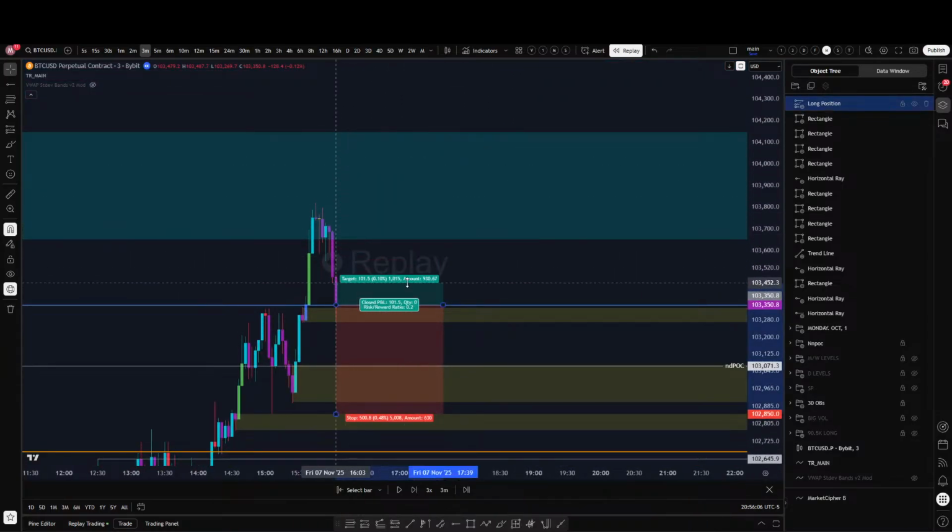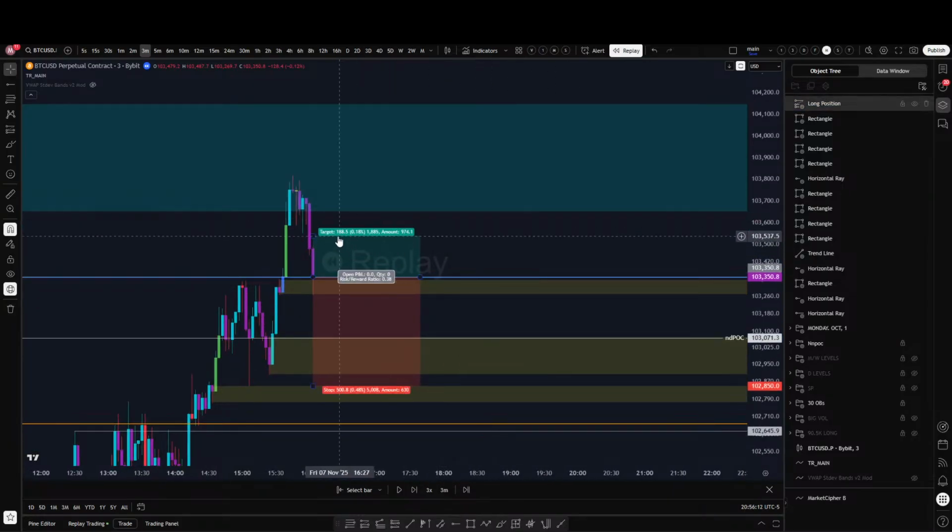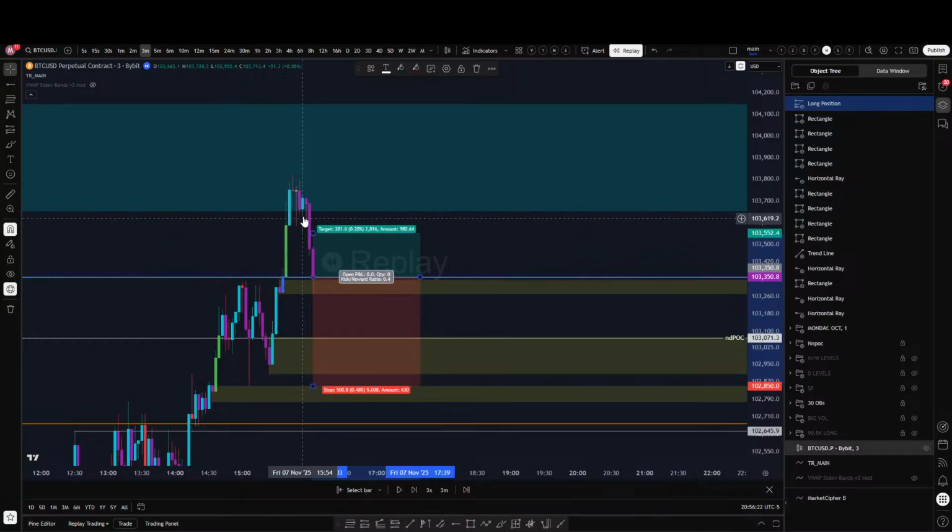And TP1 probably, oh my god, I know you guys are going to hate me, but TP1 here, that's just me. TP1 here at this order block, they just made an order block.